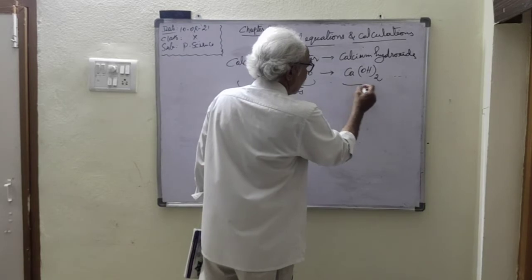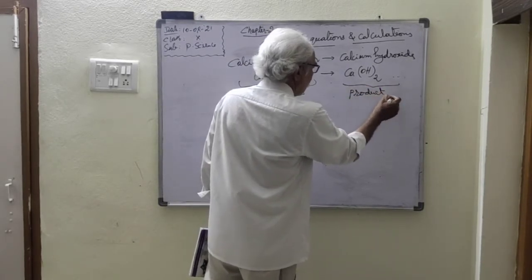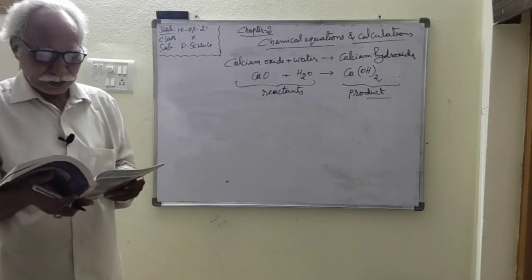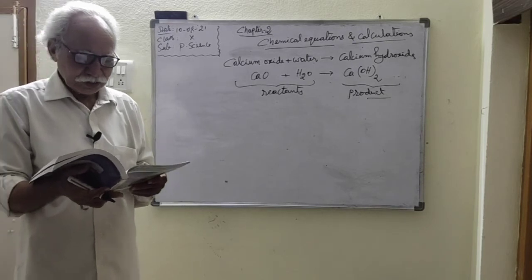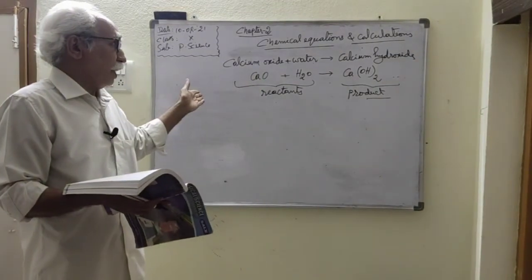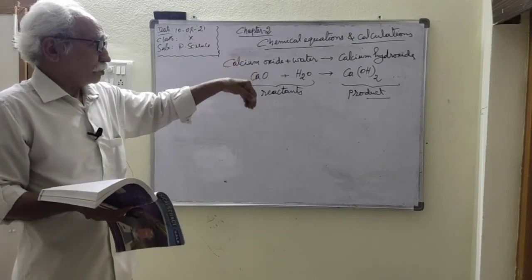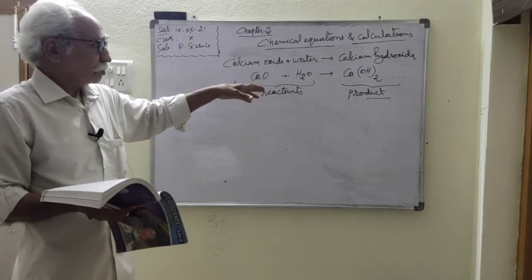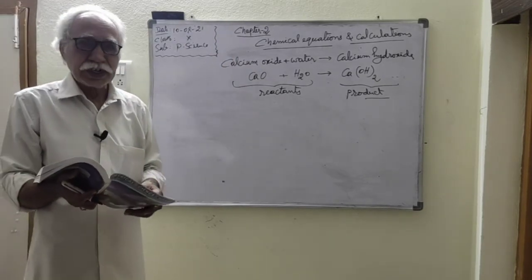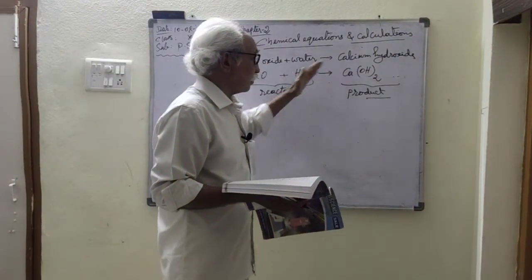And this is the thing which is produced, called the product. Generally, reactants are represented on the left hand side of the arrow mark, and the chemicals produced as products are represented on the right hand side of the arrow mark. This arrow mark indicates the direction of the reaction, so the reaction takes place from left to right.